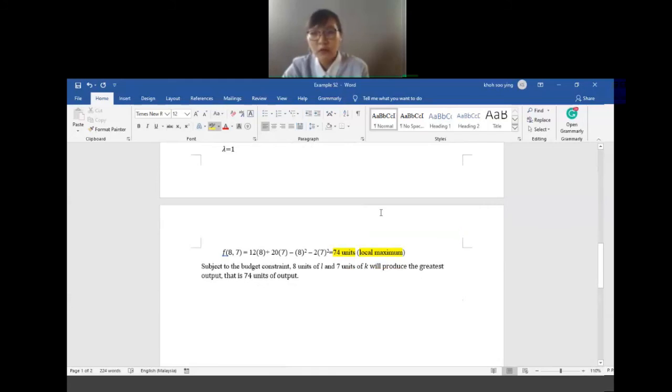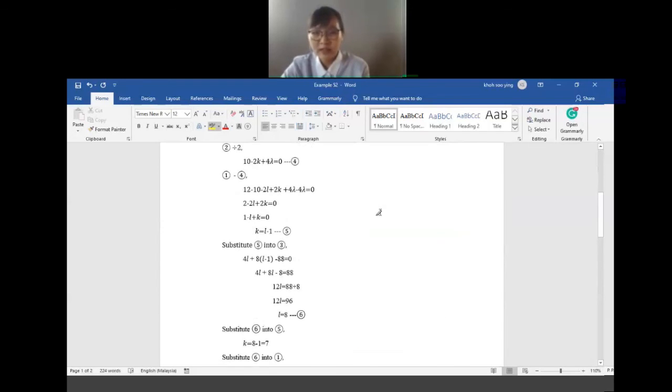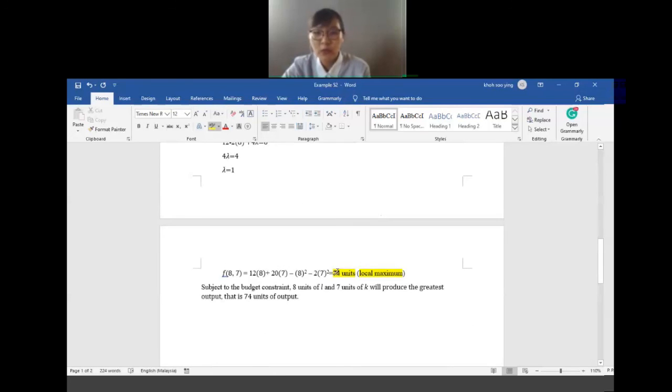Just for your knowledge and understanding, in this question we only have one critical point, so we can classify the point through this method. But if there is more than one point, you can directly see from the value by substituting the critical points into the production function and taking the greatest value, which will be your local maximum. Is it clear?